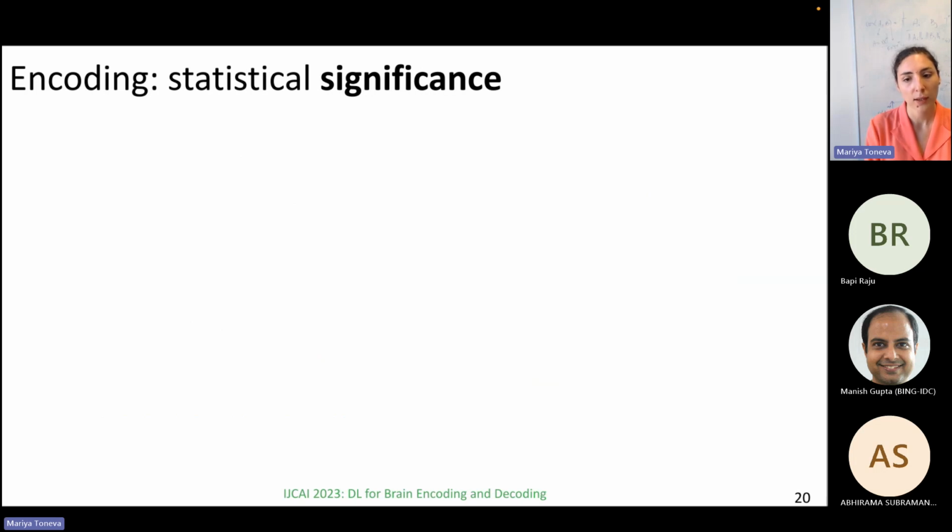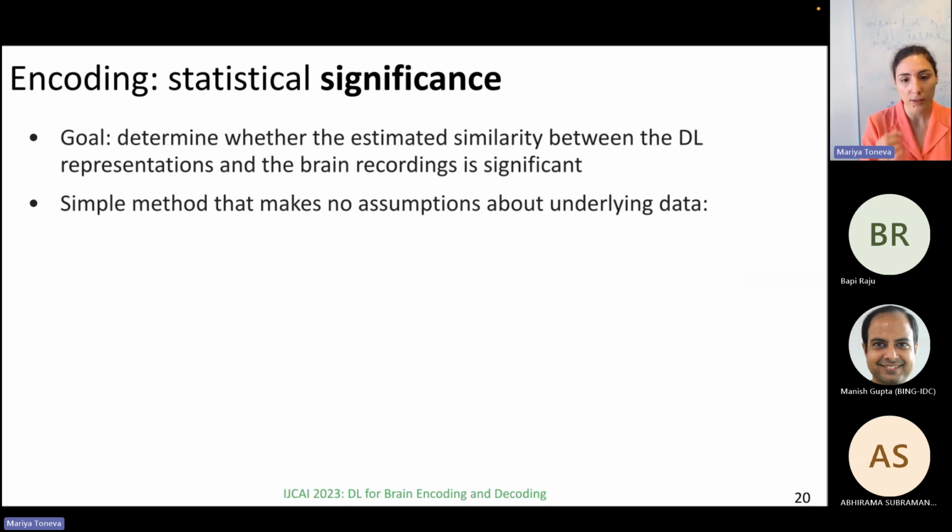And then the last part is we want to do a statistical significance test to understand, are these evaluation metric scores that we got at the end significant? Do they mean that there's a significant relationship between the brain and some model representation? And here there's a very simple method to do the statistical test, which makes no assumptions about the underlying distribution, and that's a permutation test.